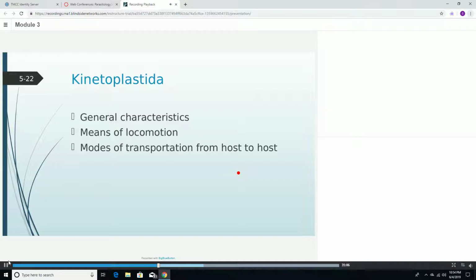Okay, the next order we're going to cover is kinetoplasts. So in this order, we have pathogenic Trypanosoma species and Leishmania species. These are flagellates, and they're found multiplying in the blood, so they're known as hemoflagellates. They're also found in the tissues.